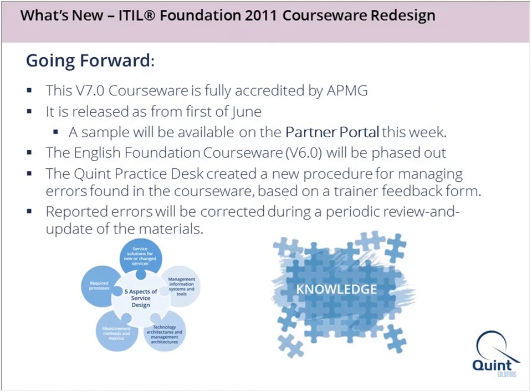Going forward, this course is accredited and is released, and a sample will be available on the partner portal this week. And the English courseware version 6 will be phased out. And we've created a procedure for managing errors or for catching improvements.